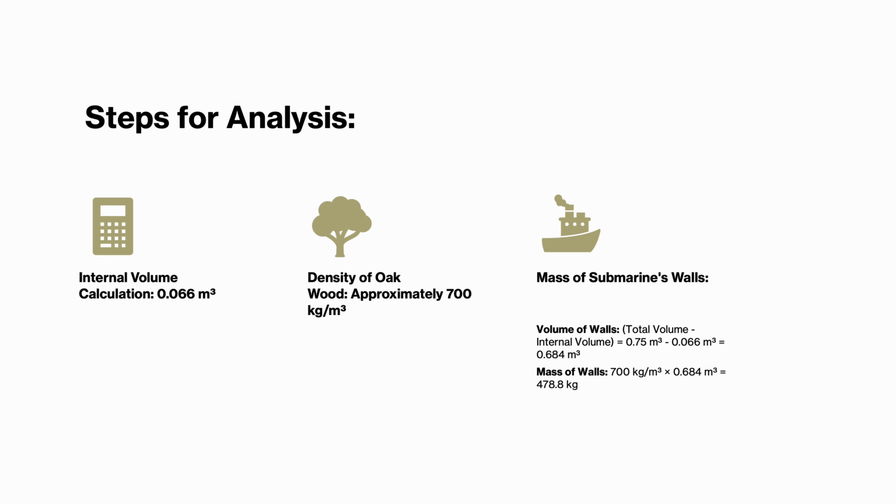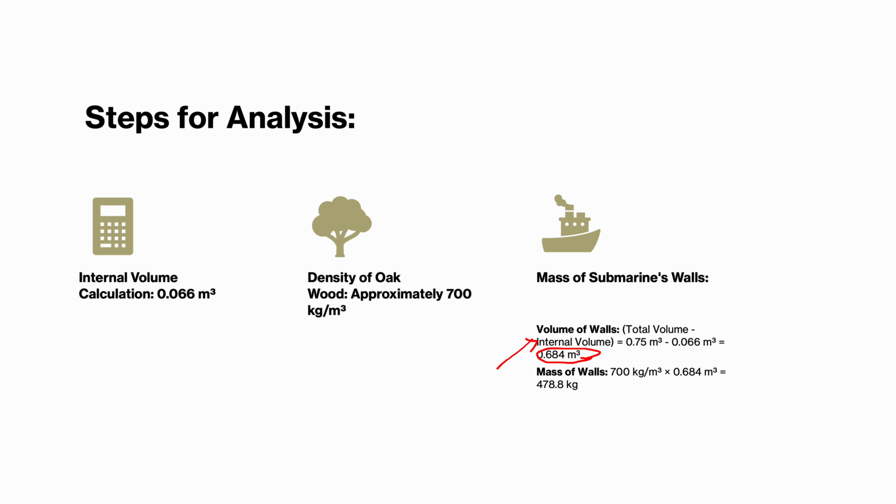The volume will be total volume minus internal volume. The total volume of that submarine will be 0.75 cubic meter minus 0.066 cubic meter, and 0.684 cubic meter will be the volume of the walls.